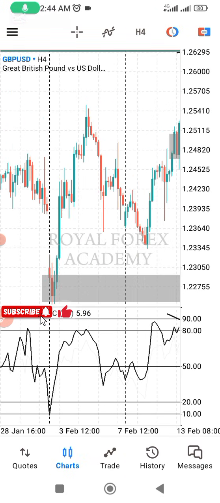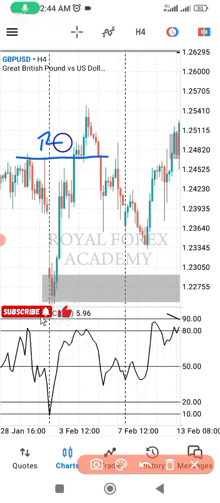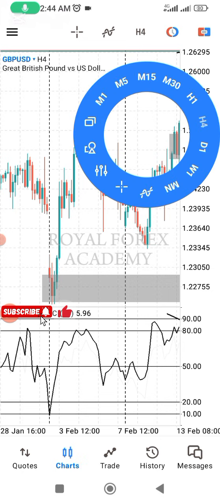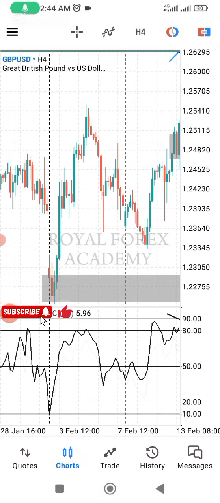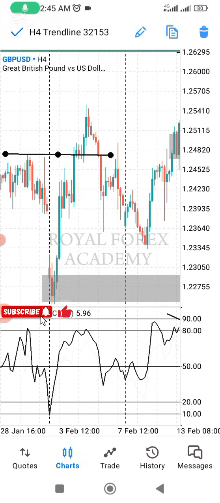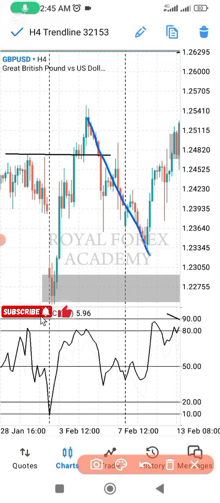And look at what happened. This is a break of structure. A break of structure happens at that point. So here now is our break of market structure. And after this break of structure, what do we want to see? We want to see price pull back into our zone for us to buy.